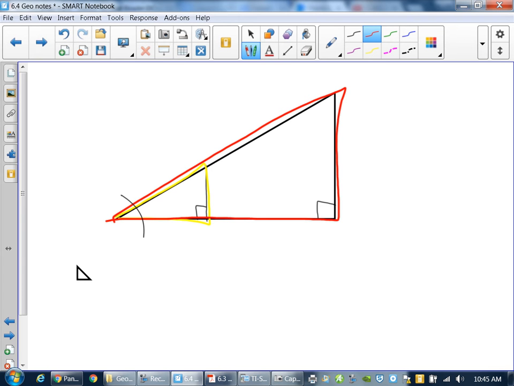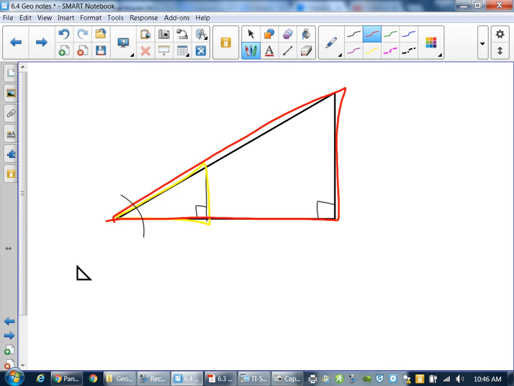Now, this was something that we didn't do a whole lot of when we did congruent triangles. We didn't really have very often a reflexive angle, a shared angle. But in similar triangles, you get that a lot. They share that same angle, where the sun's ray hits the ground.